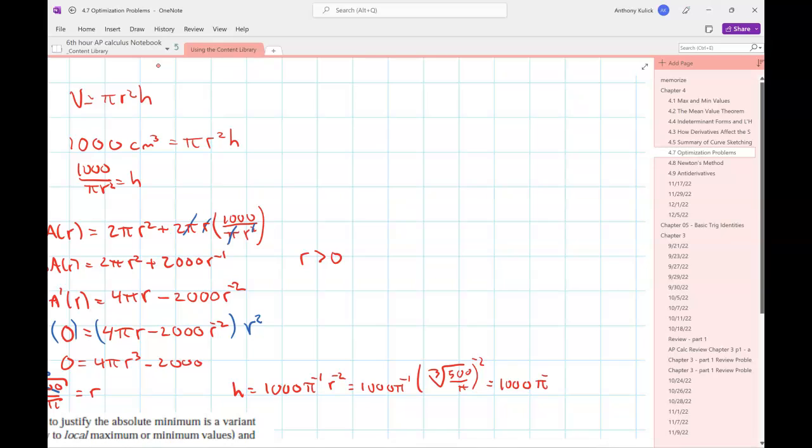Obviously, you could plug this into your calculator at this point. Really, lots of points earlier than this even.